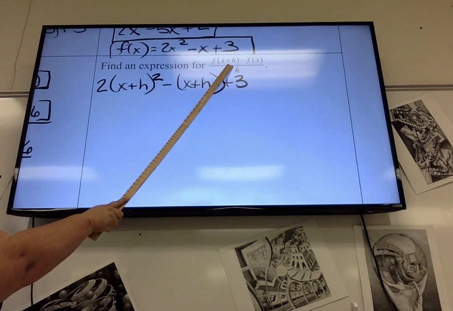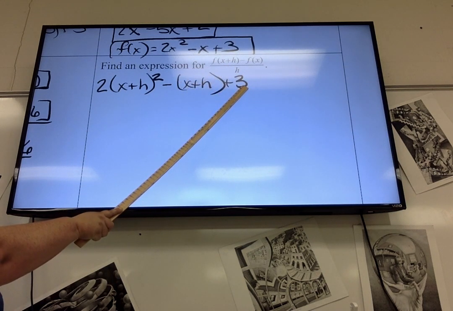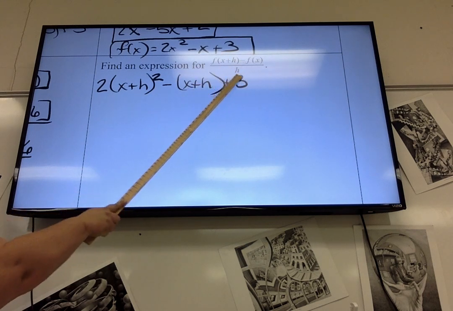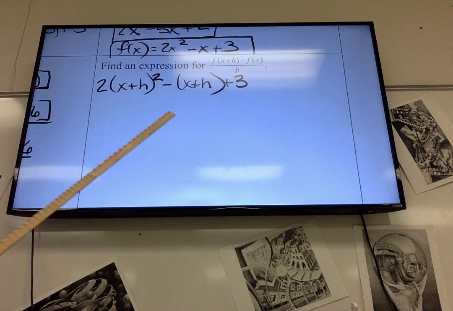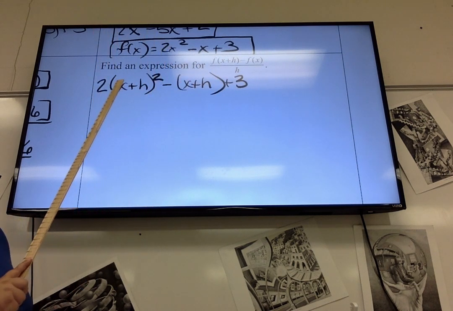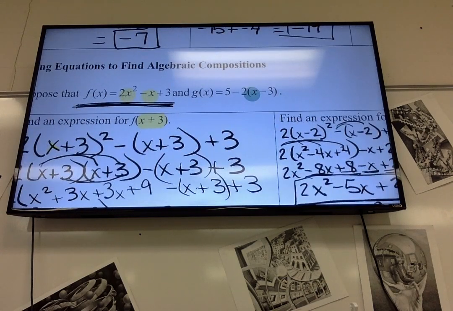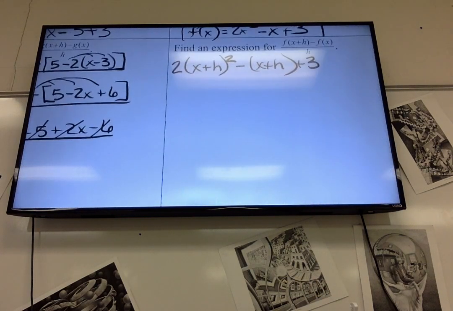Instead of this x, I put x plus h and then plus 3. I haven't done the rest of it. I'm plugging x plus h in for x into the f of x equation, which was up here. I just didn't want to have to scroll back and forth. Good question.